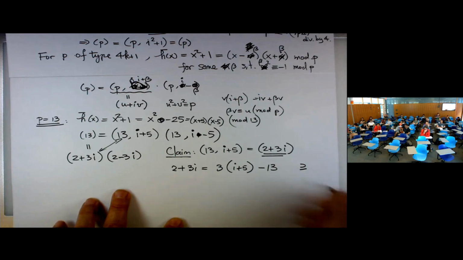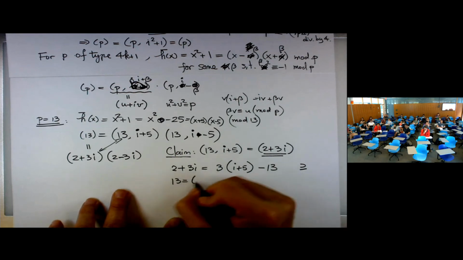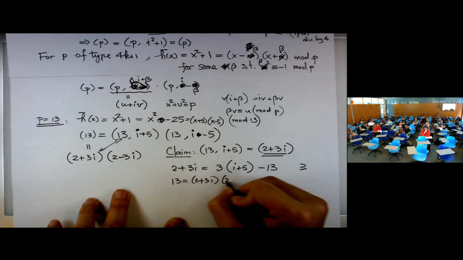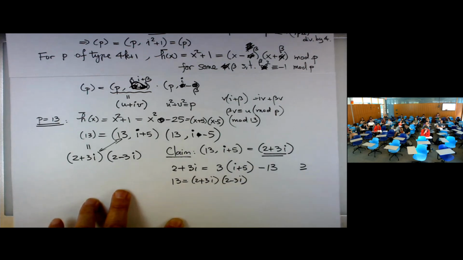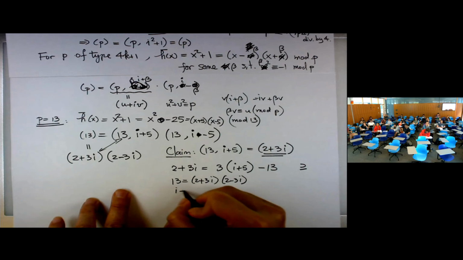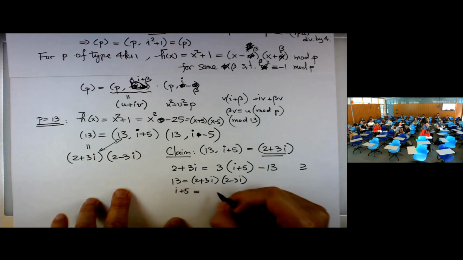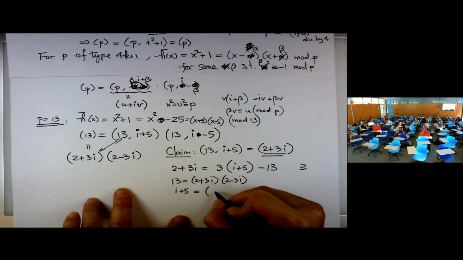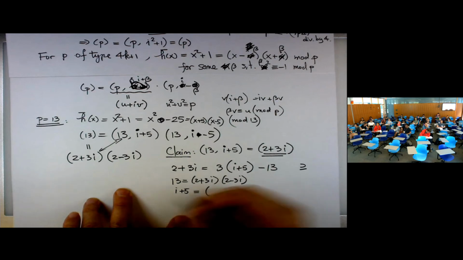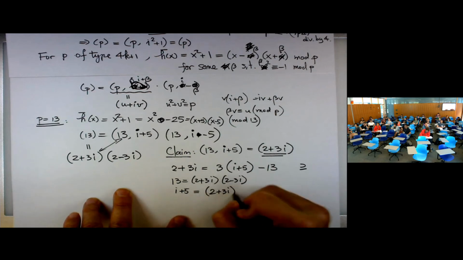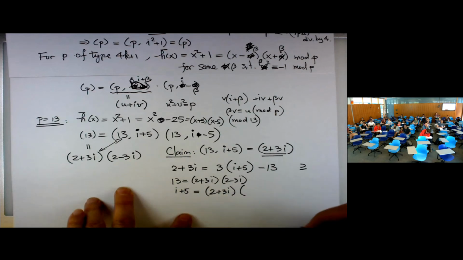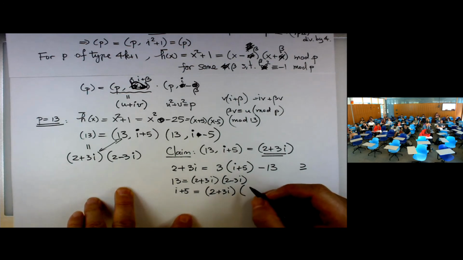And you can show the inclusion the other way by hand, namely 13 is in here, and then i plus 5 is equal to, no idea. Actually, I do know. Hold on a second. Something like 1 plus i.